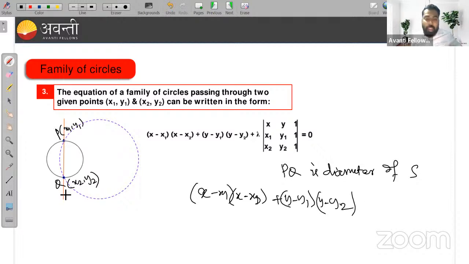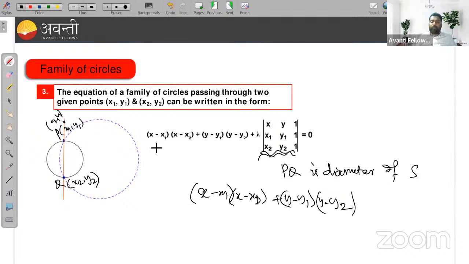Okay, and if I take any general point xy on that diameter line, then if these 3 points are collinear, the equation of the line is this determinant.